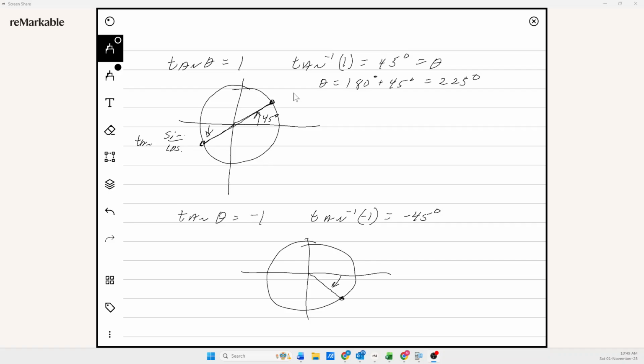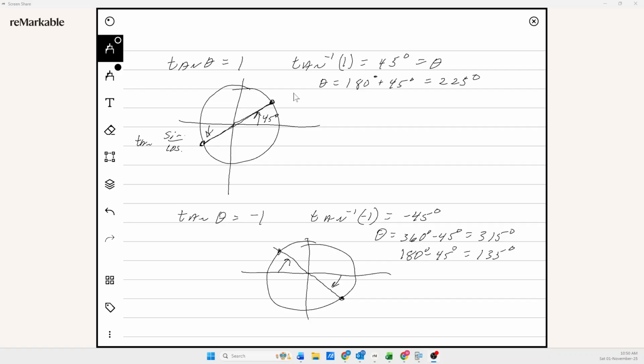But 45 degrees is my reference angle. So theta is 360 minus 45, which we know is 315. These are all degrees. But also, I'm going to be in this quadrant, 45 degrees away from there, so it's going to be 180 minus 45 degrees, which is 135.